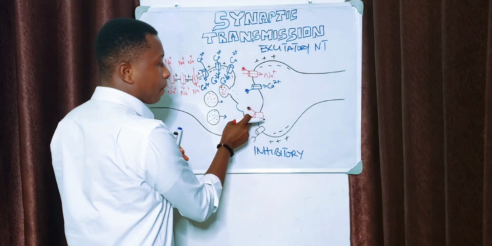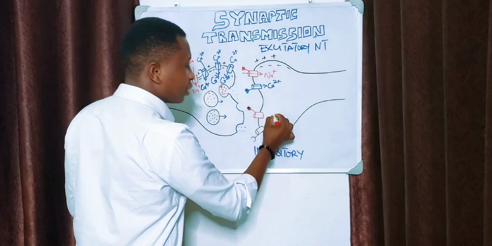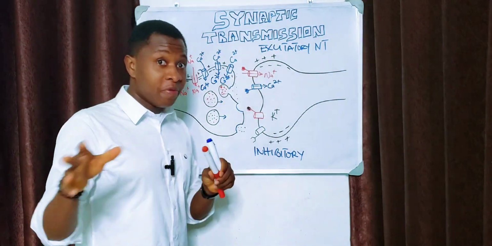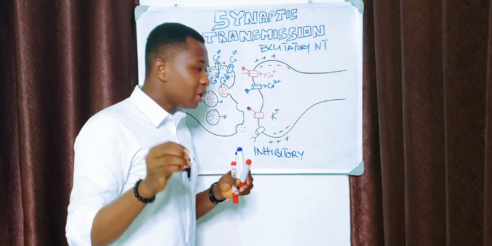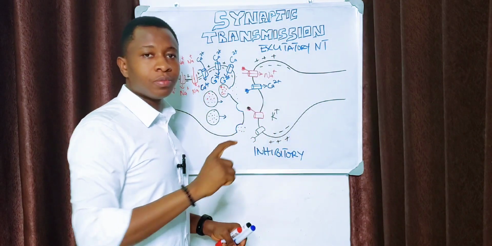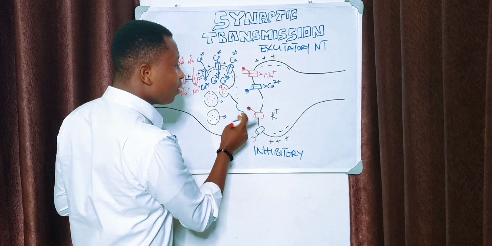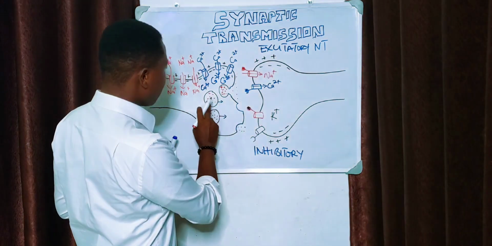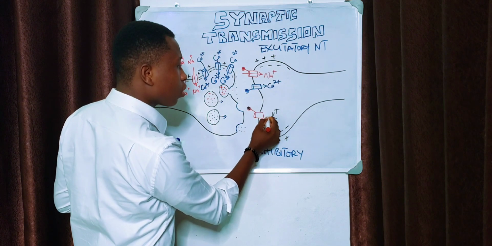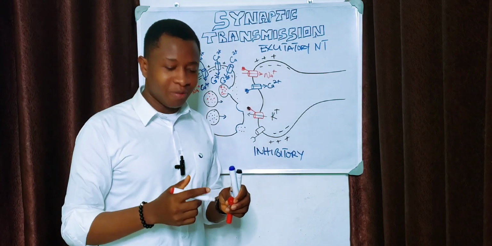This could be the voltage gated channel for potassium. We know from our previous video on action potential that the potassium ion is always found inside the cell. So the moment this binds, instead of ions being taken into the cell, potassium ions come out, making the cell more negative.